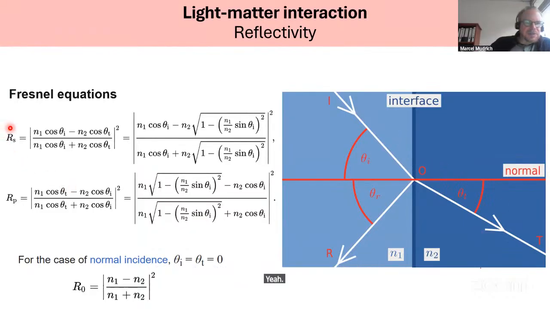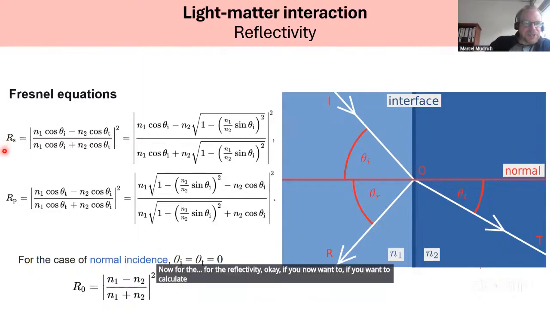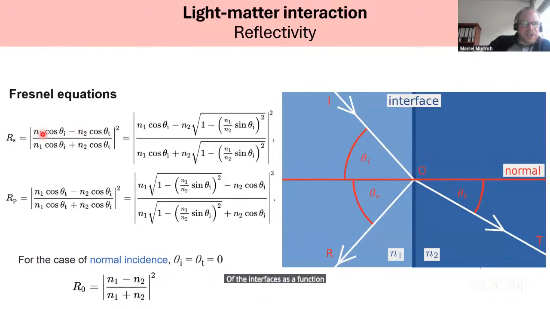If you now want to calculate the reflectivity of the interfaces as a function of the index of refraction for the incident and transmitted waves, we have these Fresnel equations that I'm sure you're familiar with.